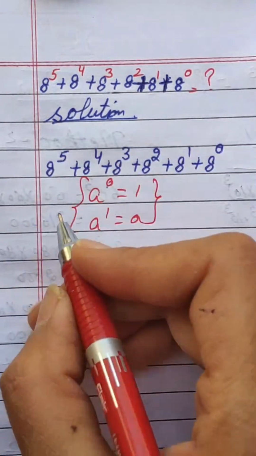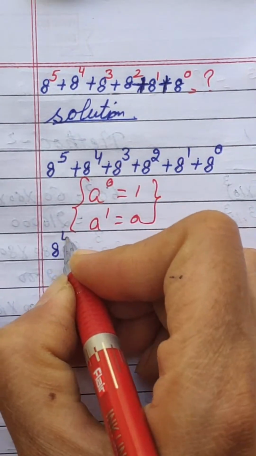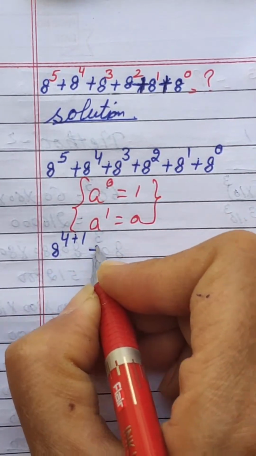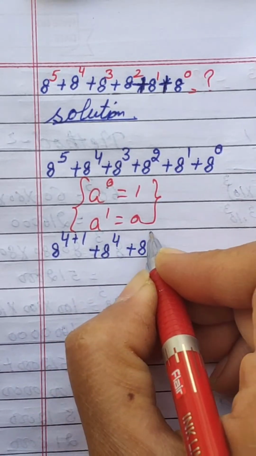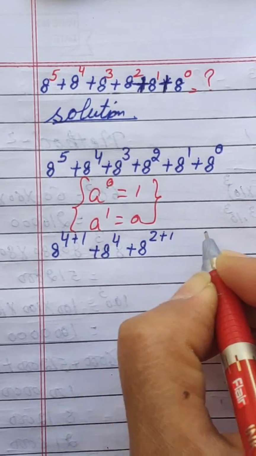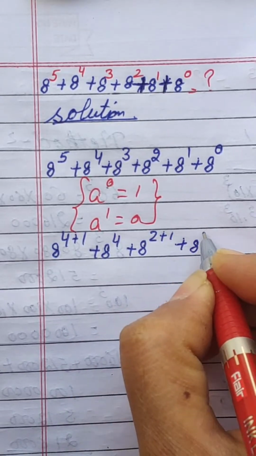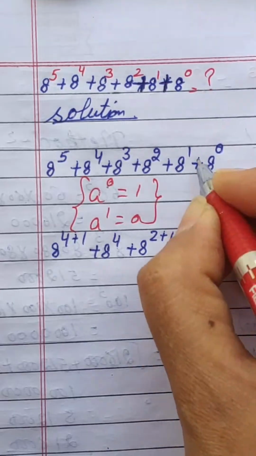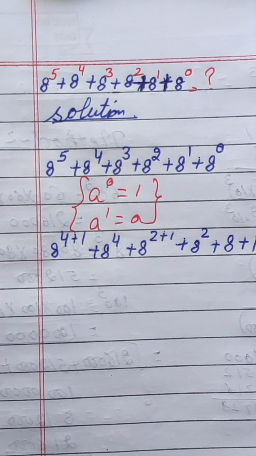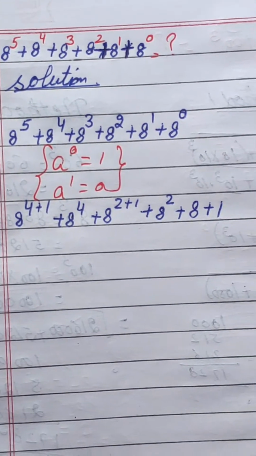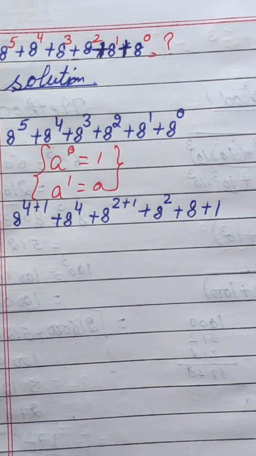So write it here: 8 raised to the power 4 plus 1 plus 8 raised to the power 4 plus 8 raised to the power 2 plus 1 plus 8 raised to the power 2 plus 8 and here is 1, right? I hope you people are clear about this.